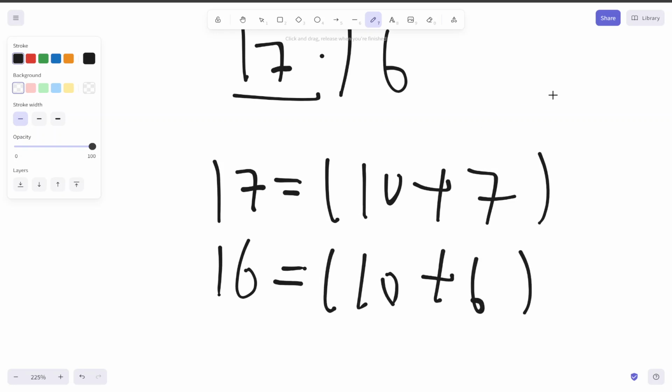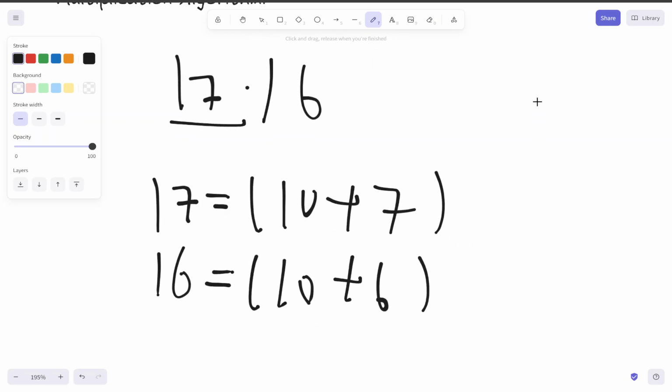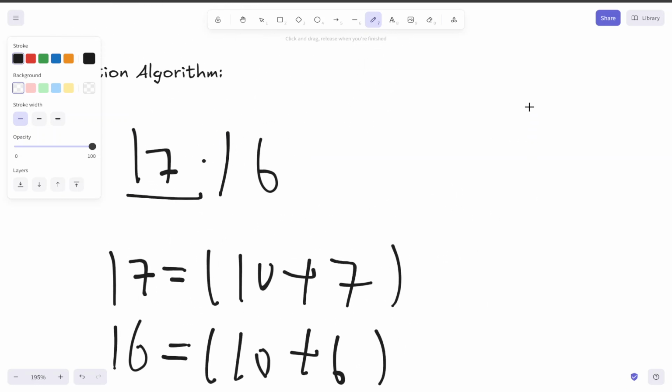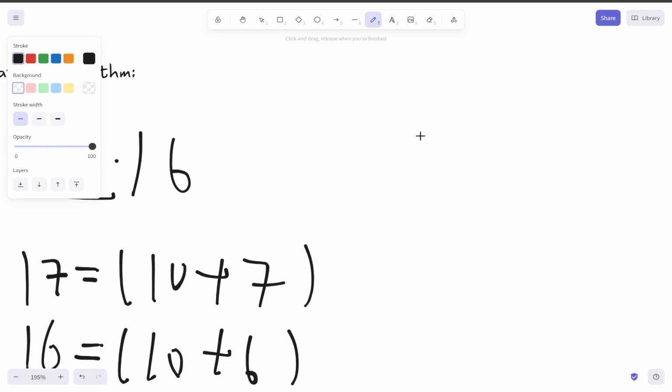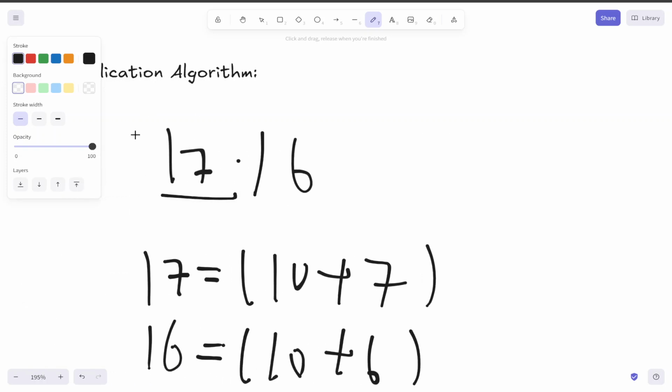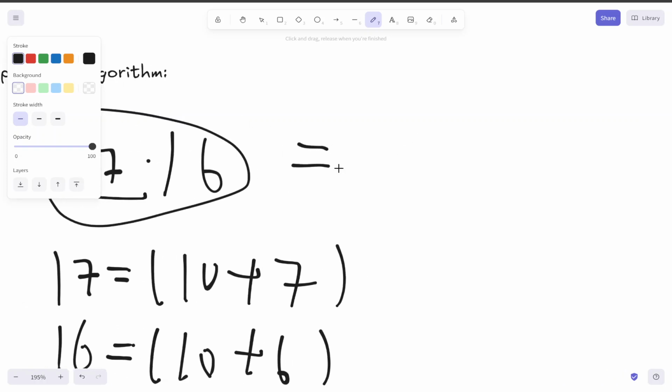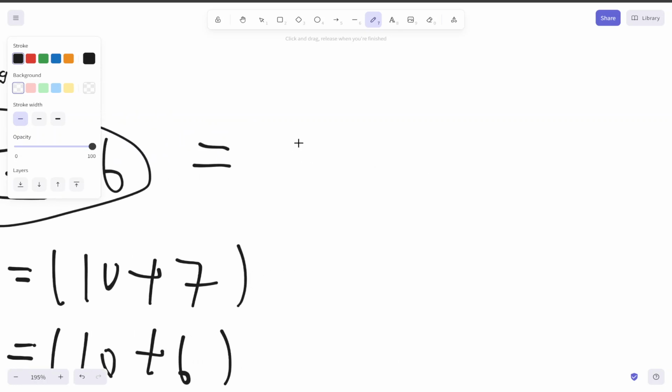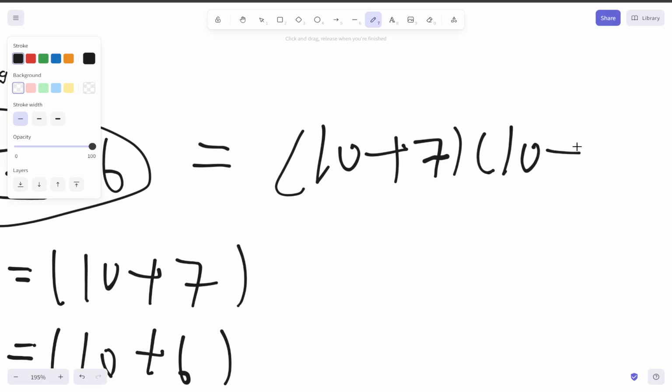So now we can rewrite this expression using substitution. We get 10 plus 7 times 10 plus 6.